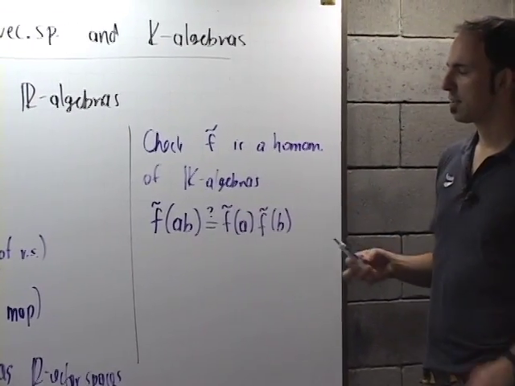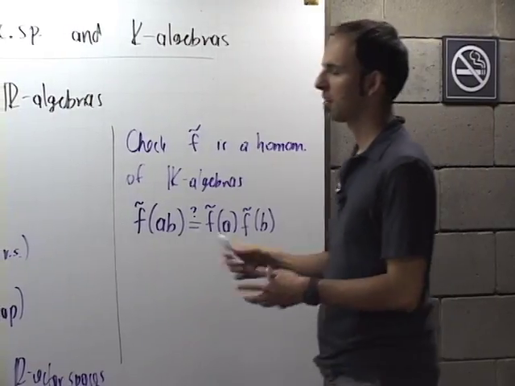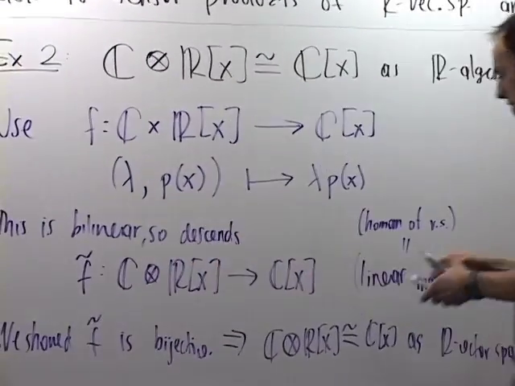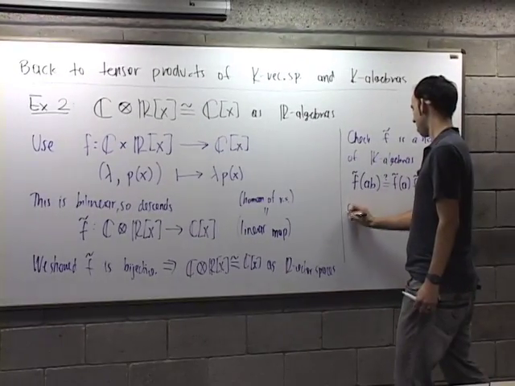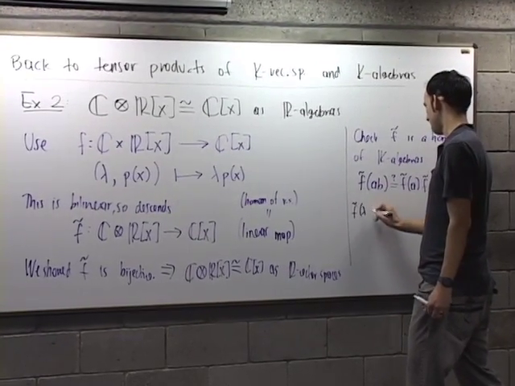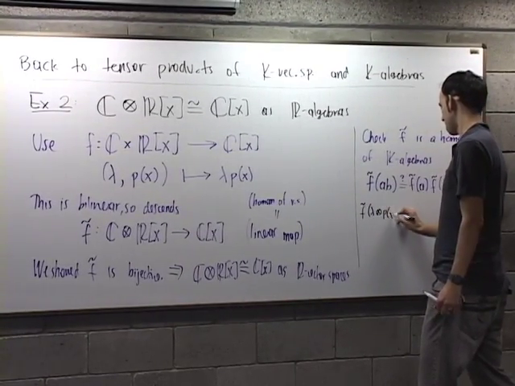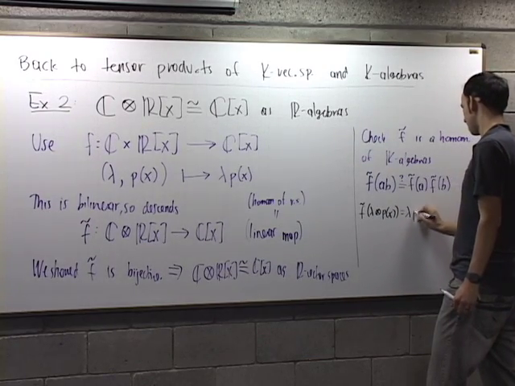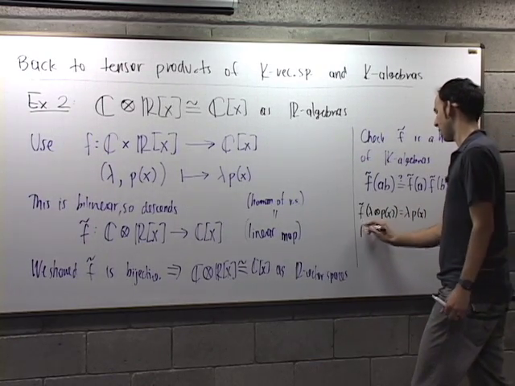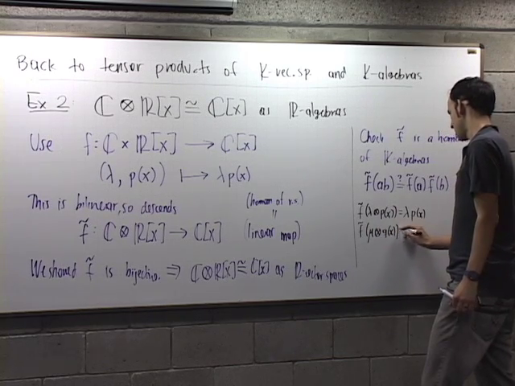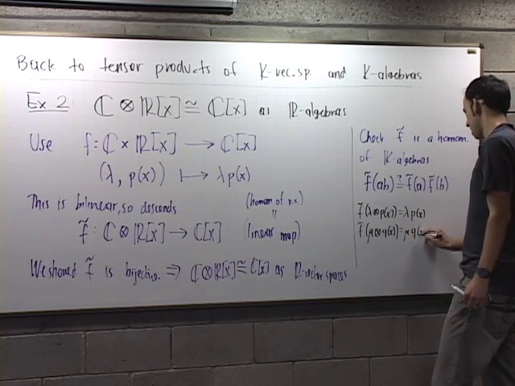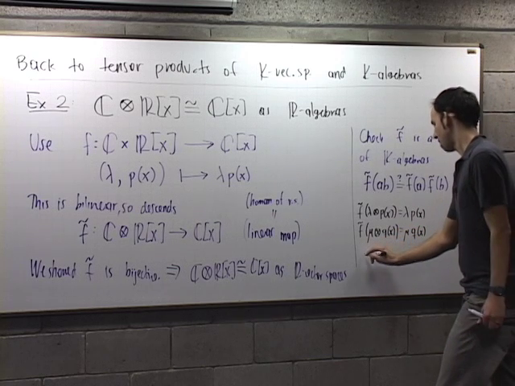But what you'll see is that actually this is really very straightforward, because if you take, let's take F bar of lambda tensor p of x, that's lambda p of x. And let's take F bar of mu tensor q of x, and that's mu q of x.